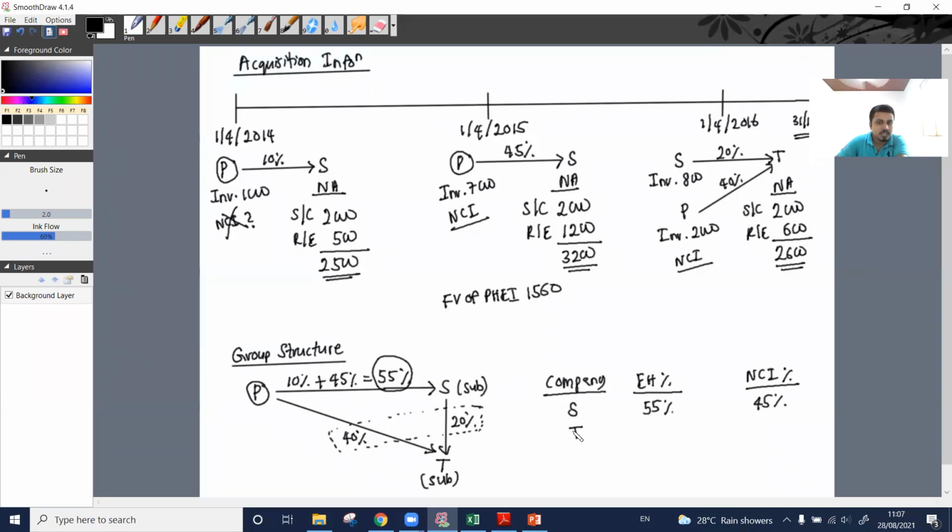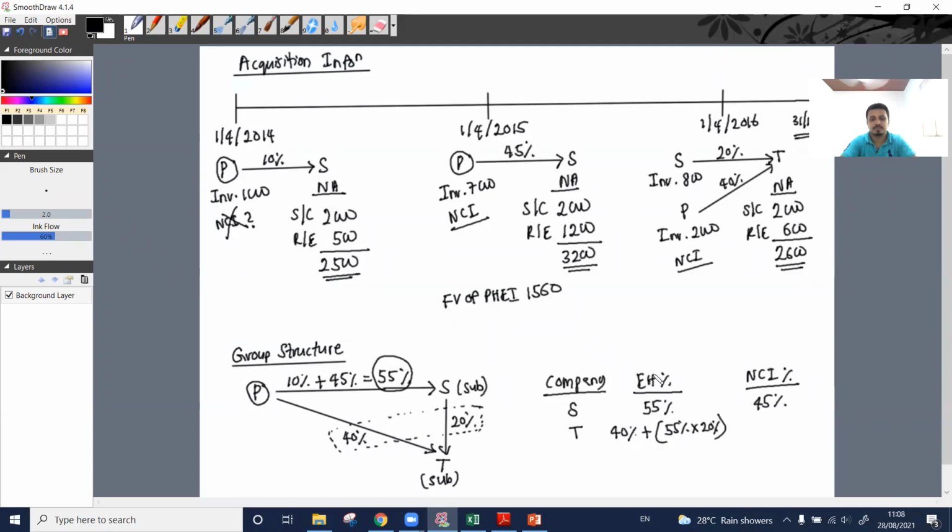With respect to T, what should be the effective holding percentage? They have directly invested 40%, and through S, they have invested 20%. It means 55% into 20%.